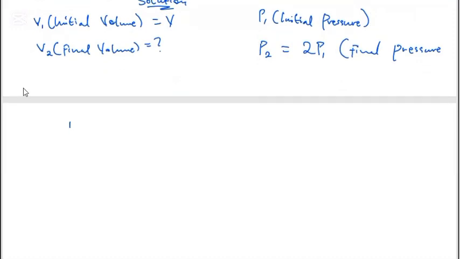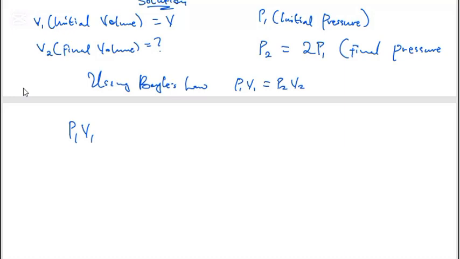Remember, using Boyle's law, P1 V1 is equal to P2 V2.